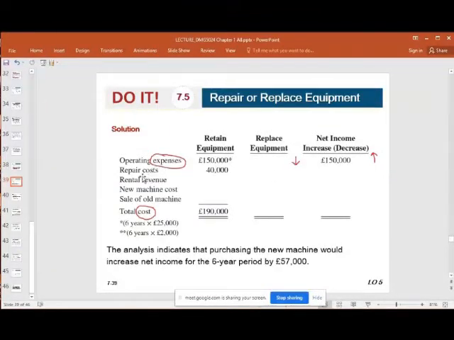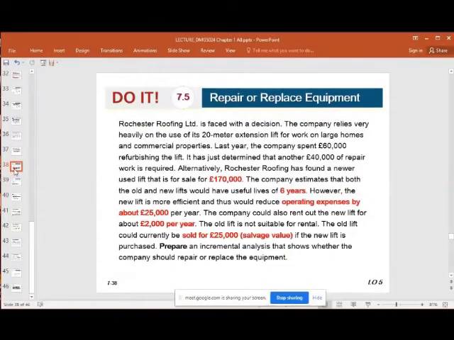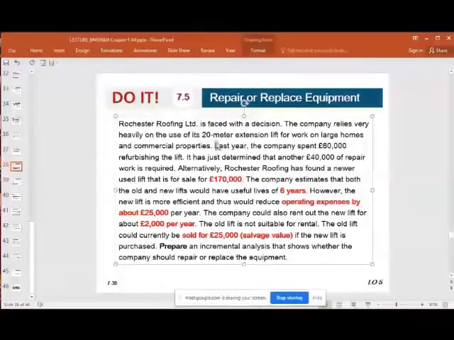Next one will be your repair cost. So if you look at the question, 60,000 happened last year. So is this relevant or not, class? If it happened last year, is it relevant?